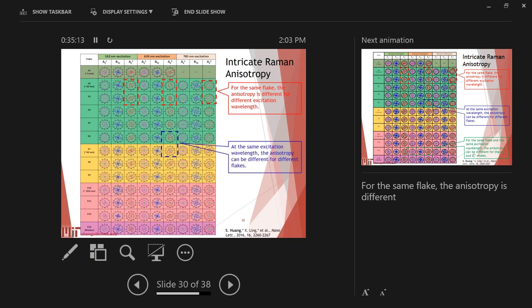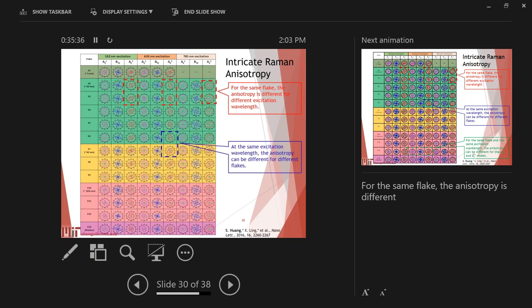So in this table, each row represents 1 flake. And if the rows are of the same colors, that means they have similar thickness. If the rows are of different colors, that means the thicknesses are different. So let's first look at these 3. This is the similar case as gallium telluride.